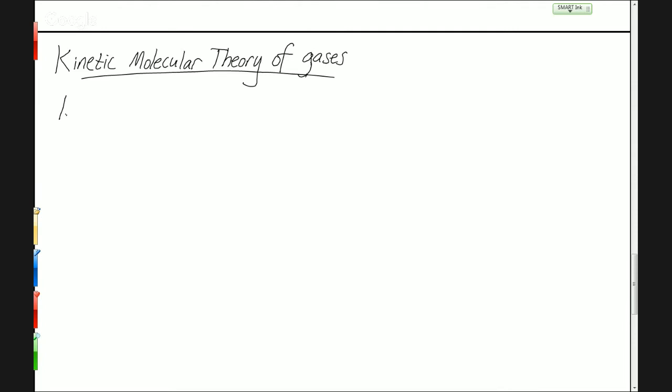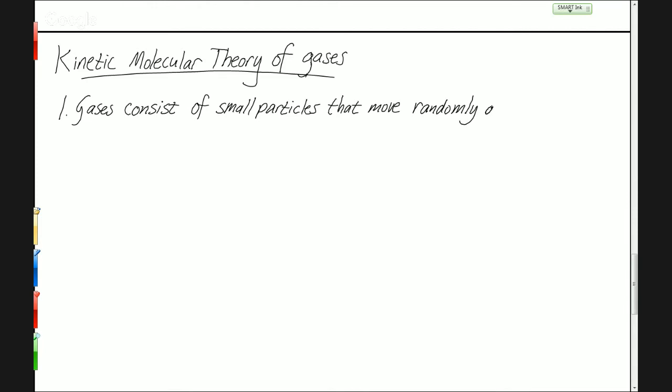All right, some of these are more obvious, some of them less so. So first, we're going to assume that gases consist of small particles that move randomly at high speed.